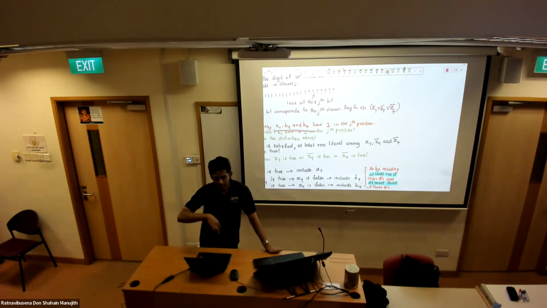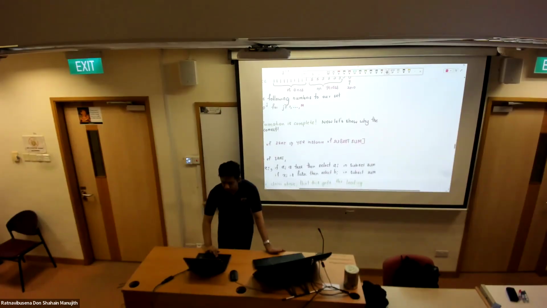In addition to that, CJ and DJ also have 1 in the position. So at most, how many numbers have 1 in the position? We have 1, 2, 3, and CJ and DJ. So at most 5 numbers.